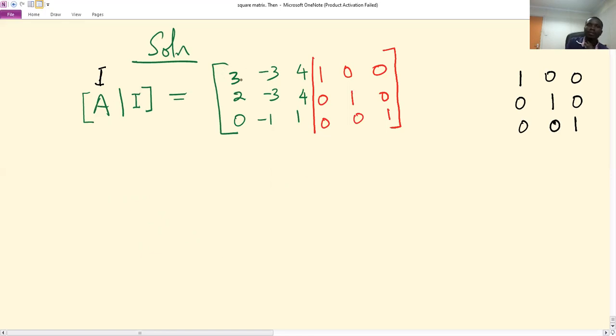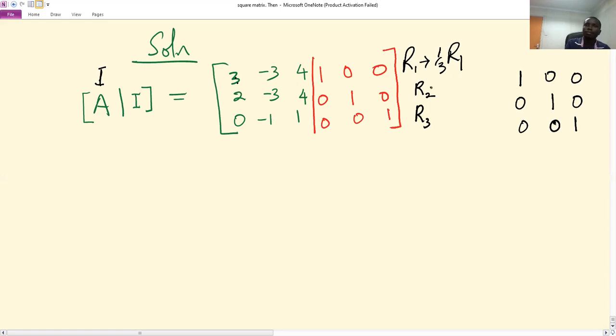But you see, this is not 1. So we'll have to make this one 1 by saying row 1 to be 1 over 3 of that row 1. Then you can say, let's keep row 2, let's keep row 3. It's usually advised to do one step at a time so that you don't make mistake.